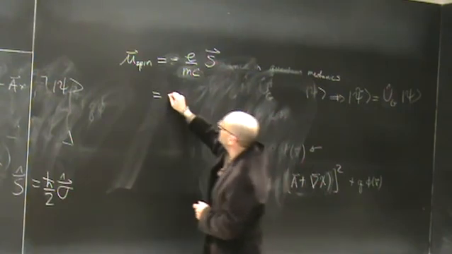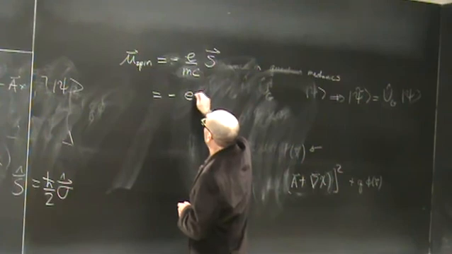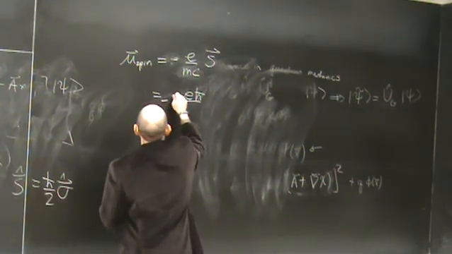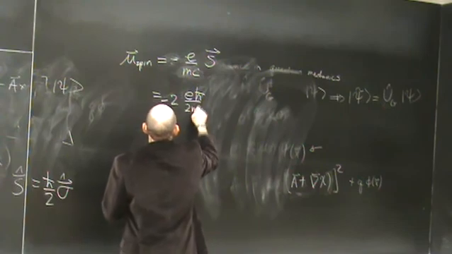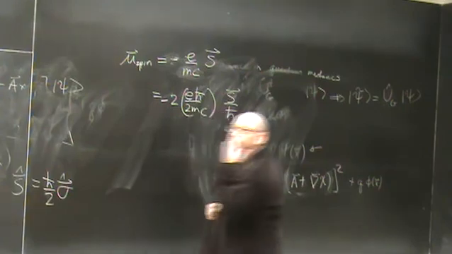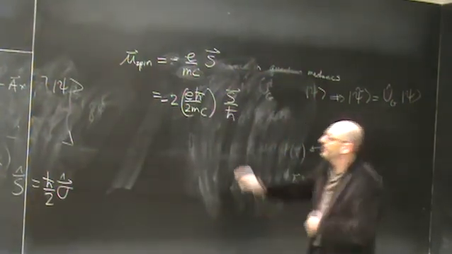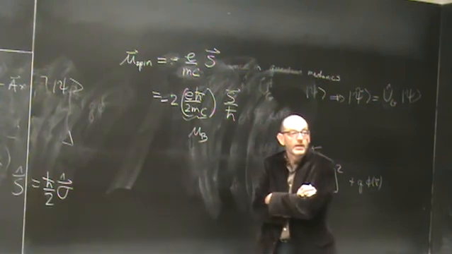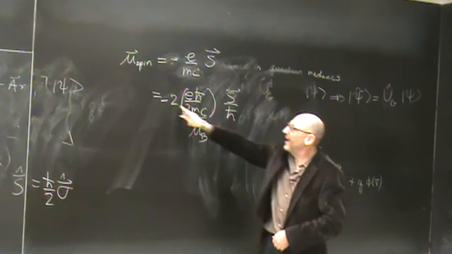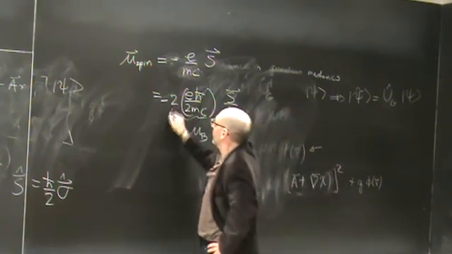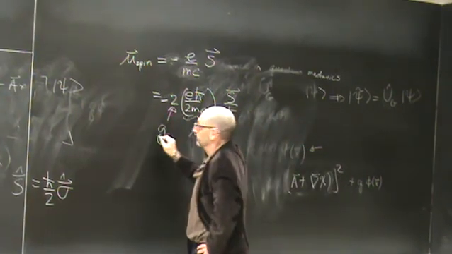What is this? This is minus e h bar over 2mc, times 2S over h bar. This is the Bohr magneton. Okay? And then we have this extra factor of 2, which we call the g factor.